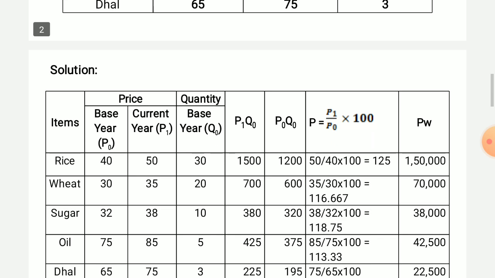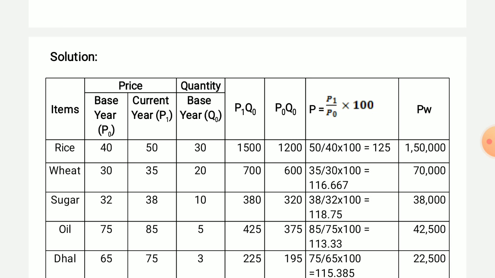So here items are to be written in the first column, and base year price P0, current year price P1, base year quantity Q0. So with the help of these three columns, we can construct another four columns. So P1 Q0 is to be computed first here.